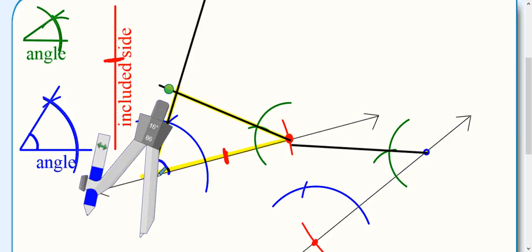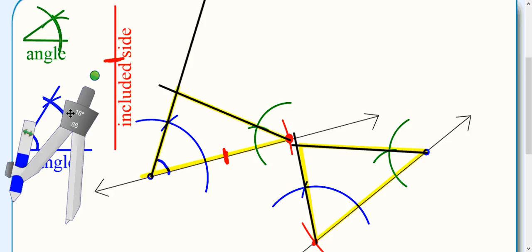It has to go through that little X. So draw the line and then we're done. Because that made a triangle. So there's our triangle.